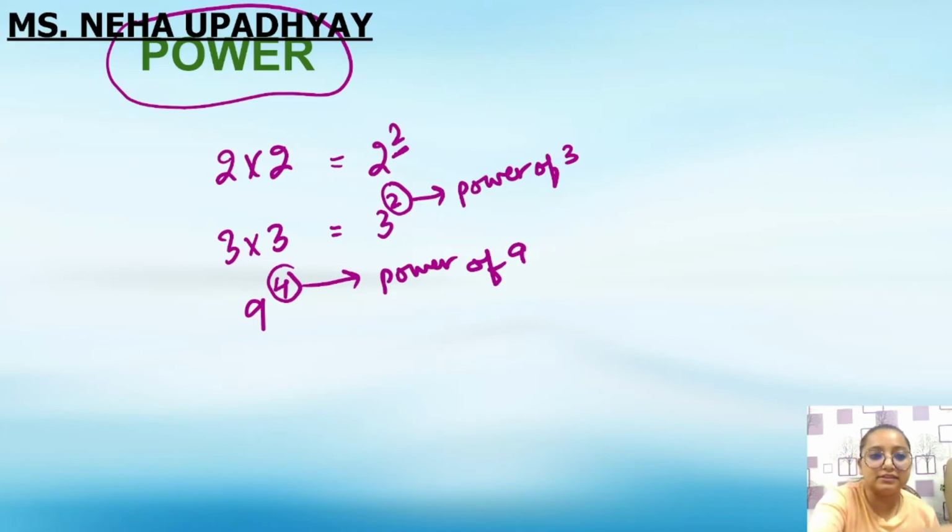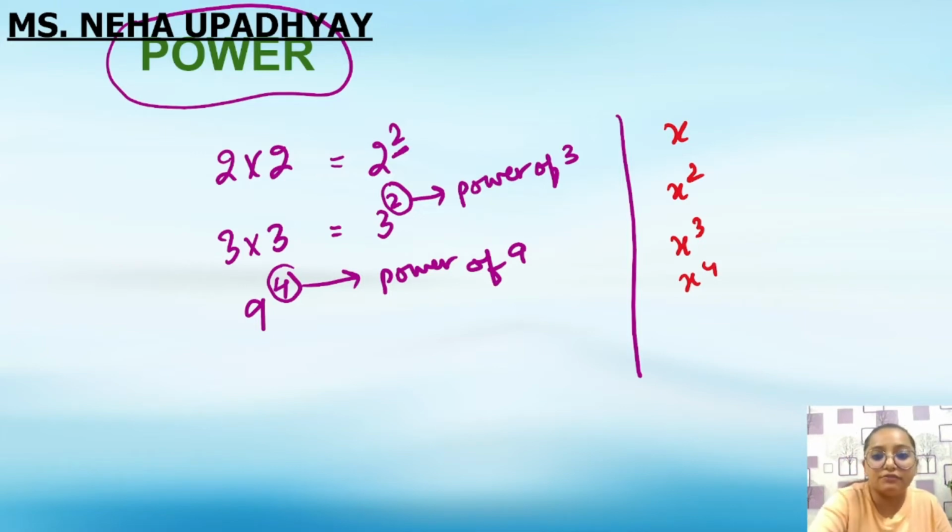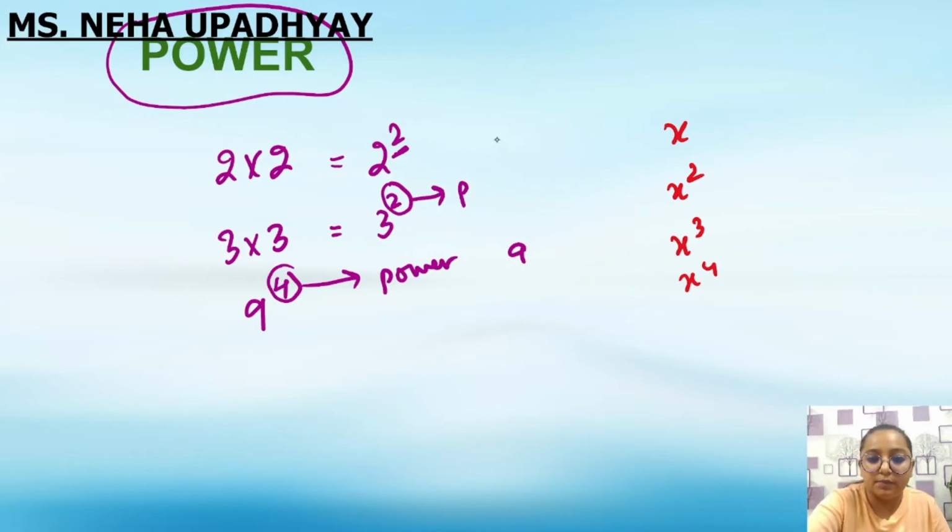So now let's discuss the power for variables. So if I say x, if I say x square, if I say x cube, if I say x raised to power 4, now you have to tell me what is the power of x in the first one.